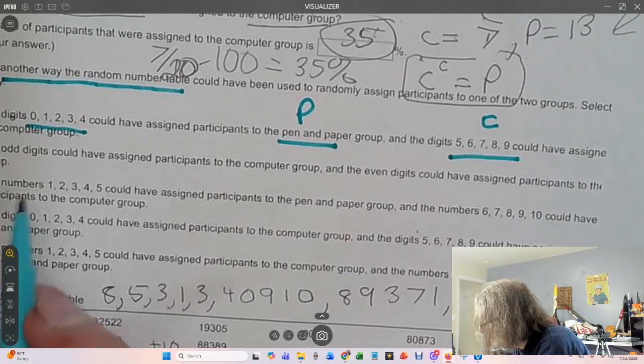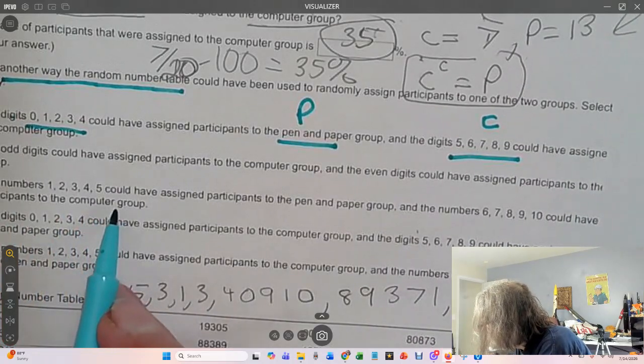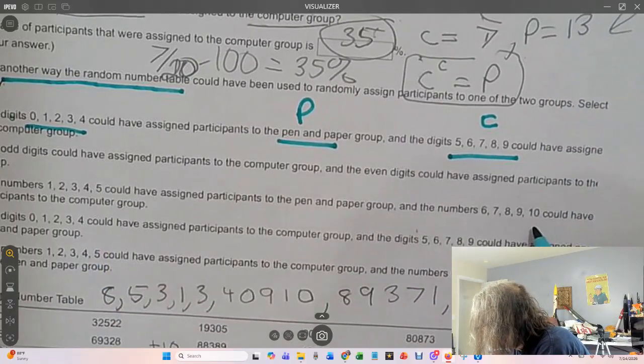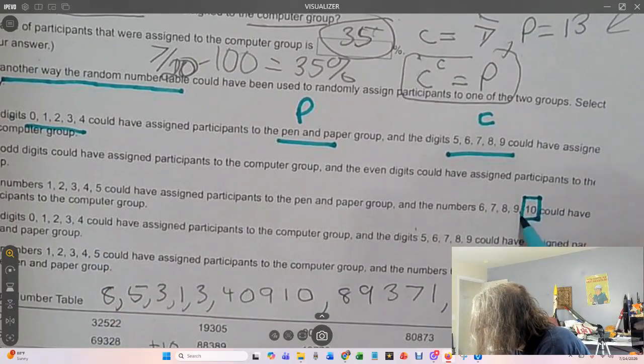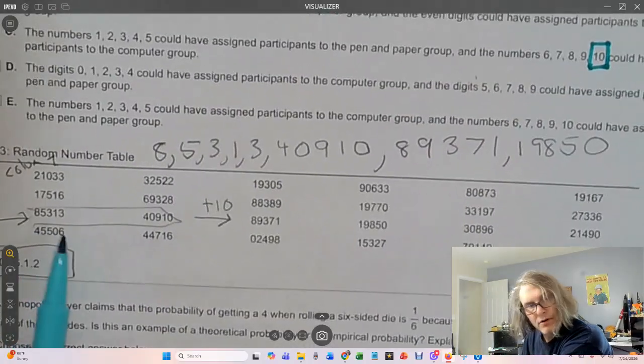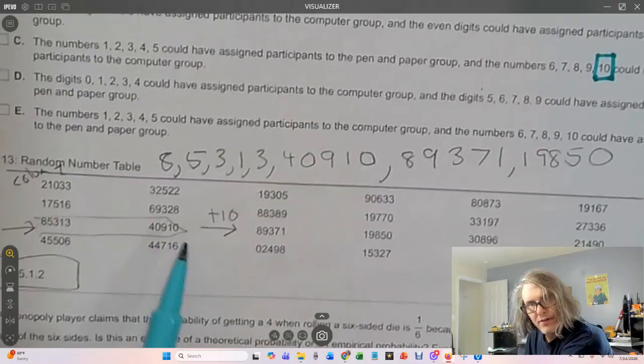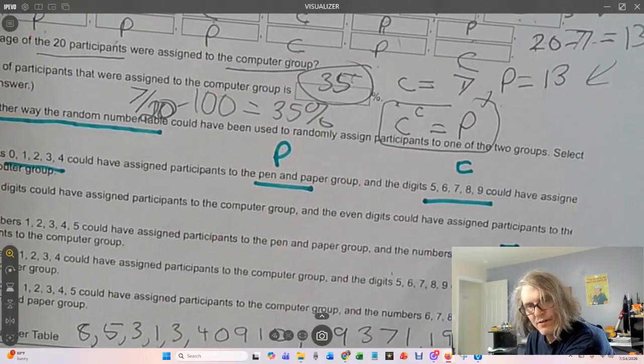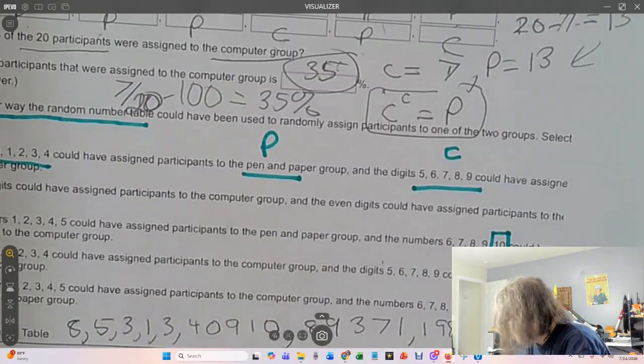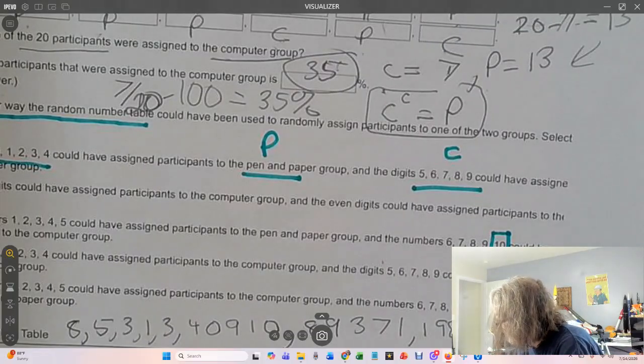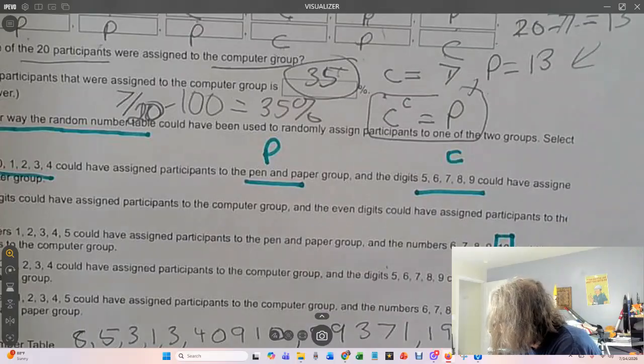Look at this one. This one should be the same. The only thing, notice what's different about this is it's got this 10. Remember, we're doing integers, not 2-digit numbers, 1-digit numbers. So that right there means that C will not work.